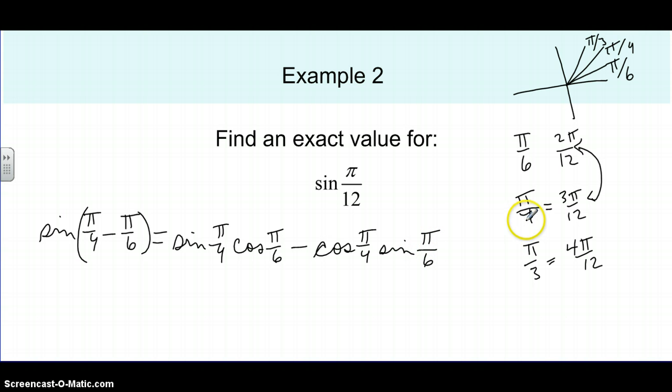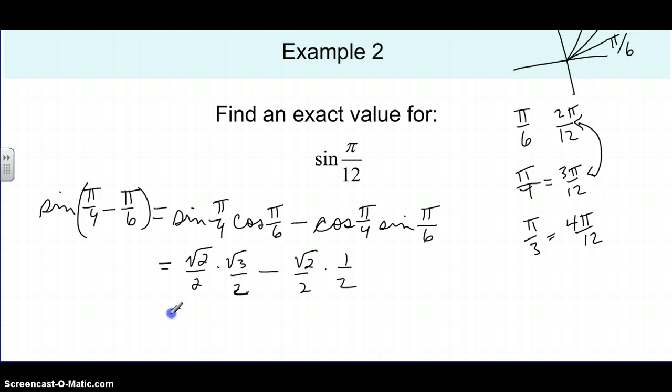And I know these values on my unit circle. The sine of pi over 4 is root 2 over 2. Cosine of pi over 6 is root 3 over 2, minus cosine of pi over 4, root 2 over 2, and sine of pi over 6 is 1/2. And this is going to simplify to be root 6 minus root 2 all over 4.